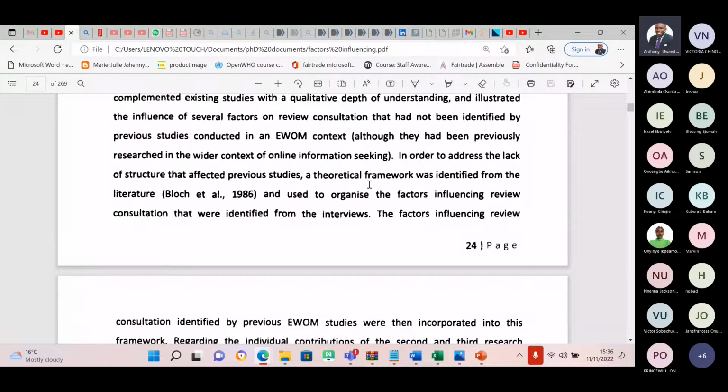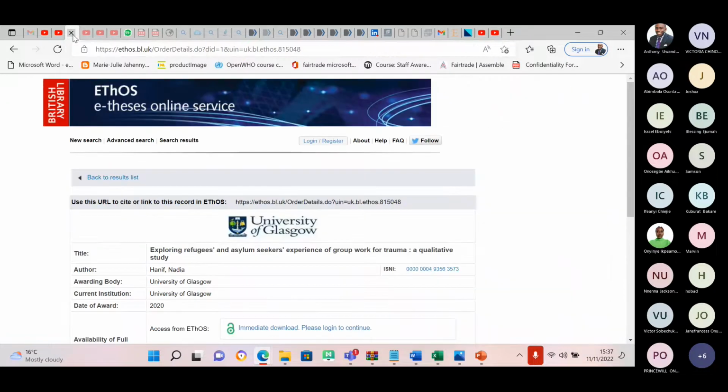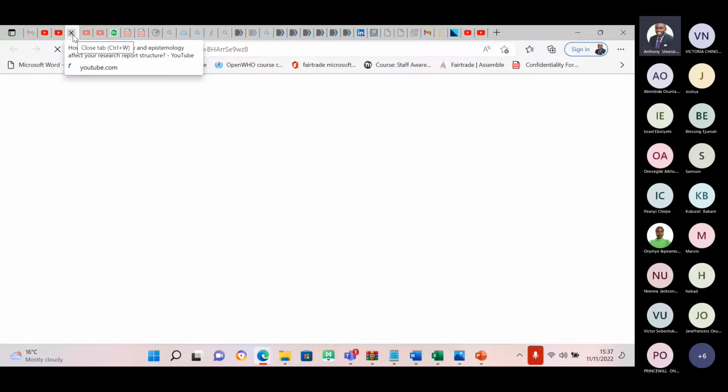In order to address the lack of structure, a form was identified from the literature and used to organize the factors influencing. That is his own study, but you don't need to go so deep like this. This is a PhD topic. So I've shown you this one. Let's go to the next one.